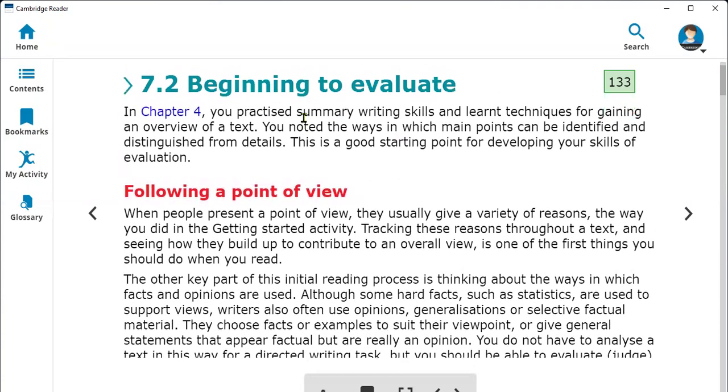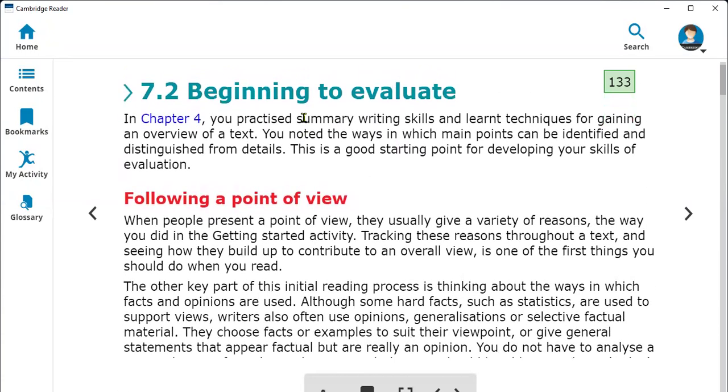Okay, one more very important point which I want to discuss here is that some people take it as summary writing. I mean, they may go for summarizing the points given in the text and then doing a directed writing, which is completely a wrong idea.